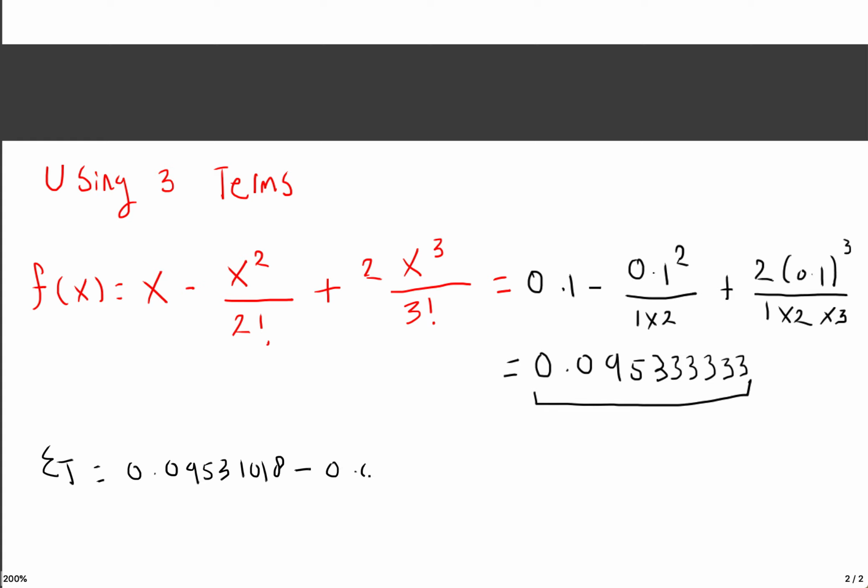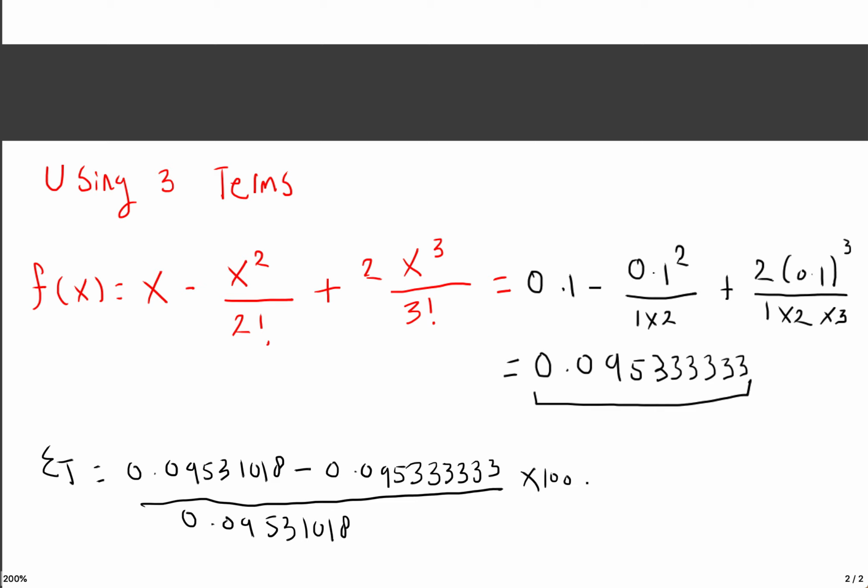Subtract this by what we just calculated here, 0.095333333, and then divide it by ln 1.1, which is 0.09531018. Multiply by 100%, and what you're going to get is 0.325%. And I should also note, as I mentioned, this is an absolute value.